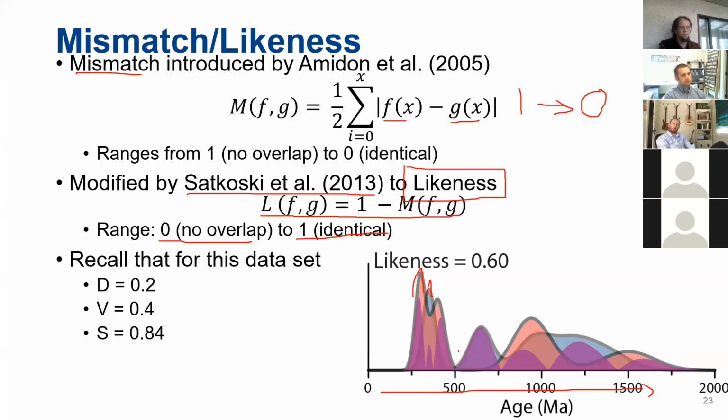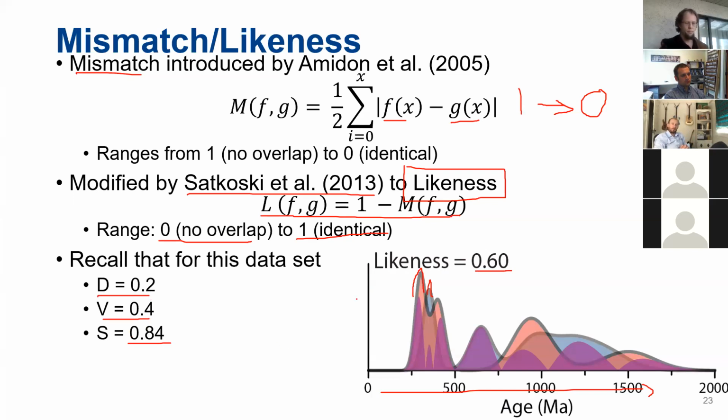For the two data sets that we've been looking at, the likeness value is 0.6. Recall that for this data set, our similarity was 0.84, V was 0.4, and D was 0.2.